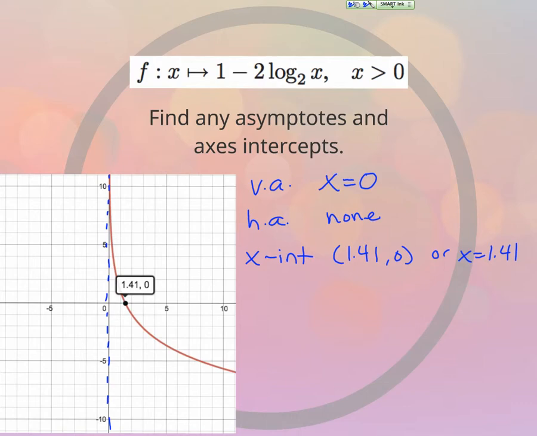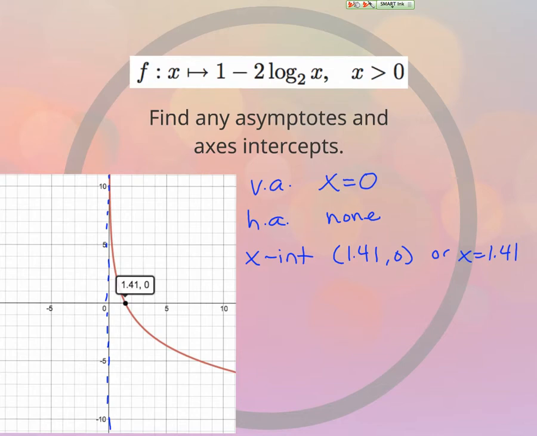Now let's say you are using your TI-84 and you want to find where that is exactly. This is how you're going to do it, okay? You're going to look at your calculator, and you see where it says trace. Do you see above it where it says calc? We have to hit that.